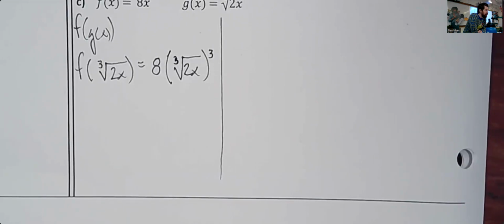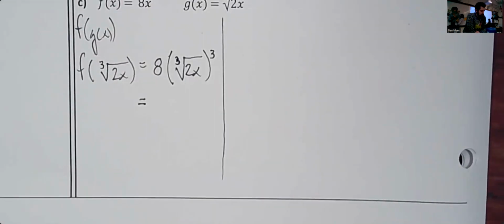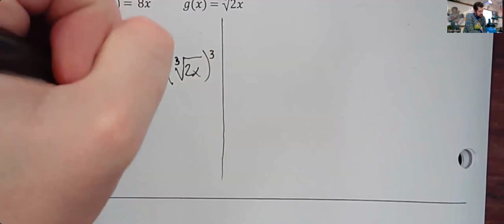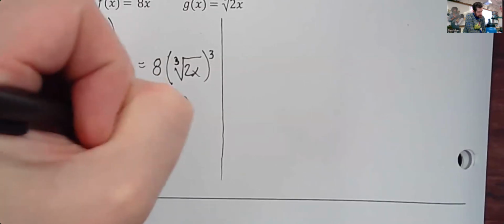What happens if you cube a cube root? It cancels out. So this would equal, what? Yeah, it's going to be 8 times 2x, which would equal 16x, right?